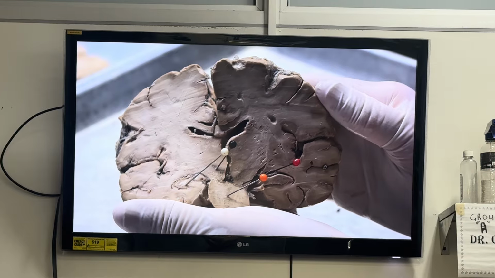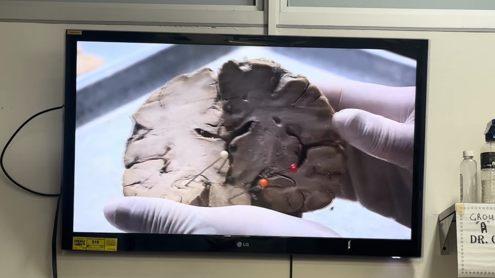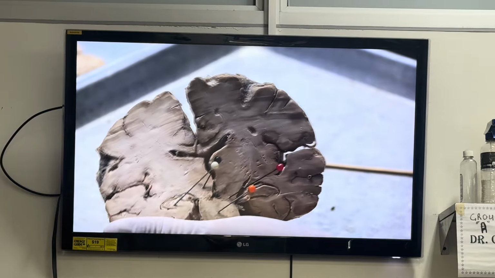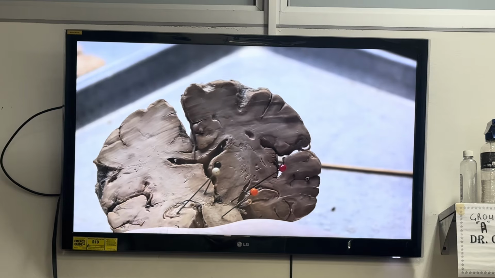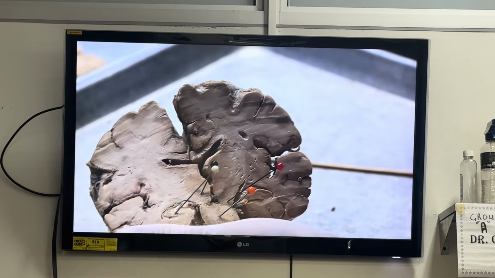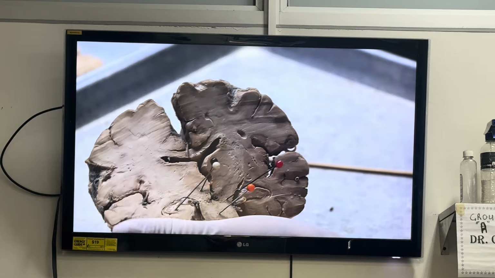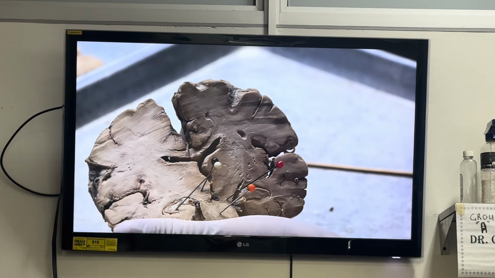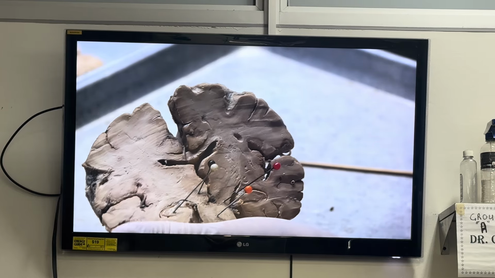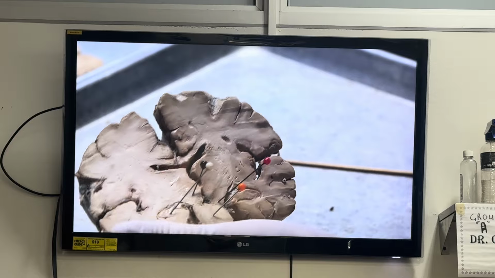Look, your crus cerebri will contain what? The descending corticospinal tract. And your corticospinal tract is arriving where? In the basis pontis, in the pons. So it arrives in the pons.